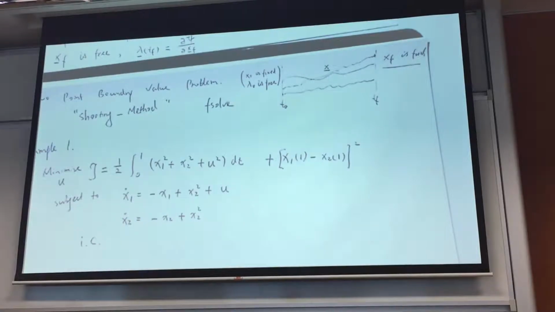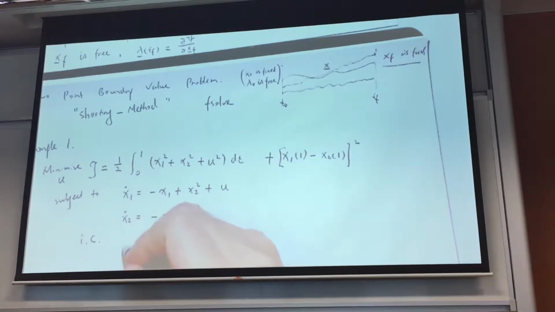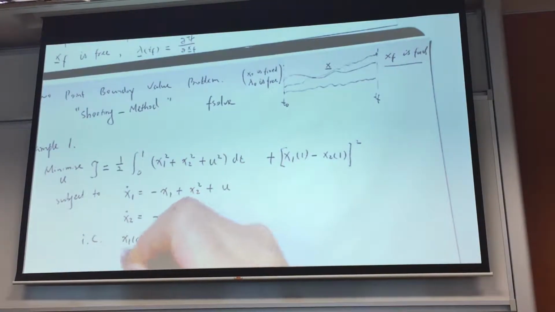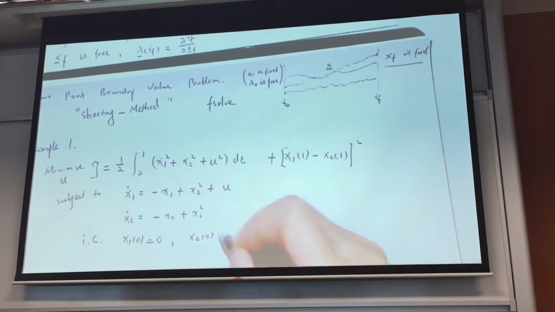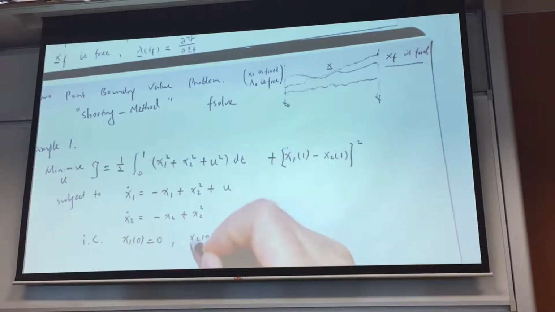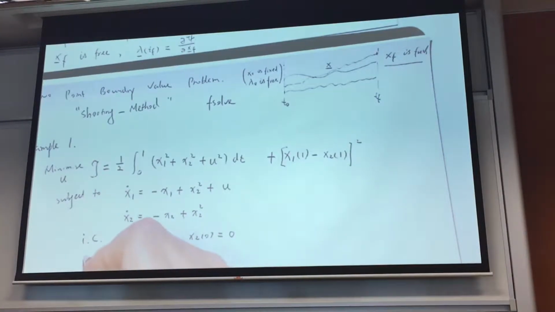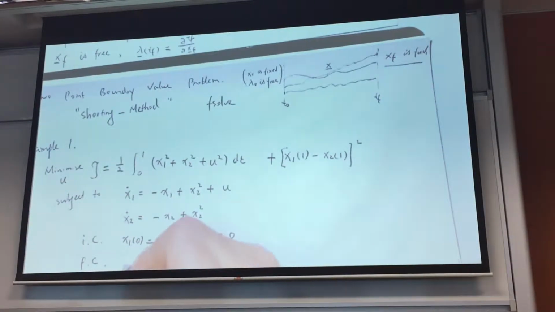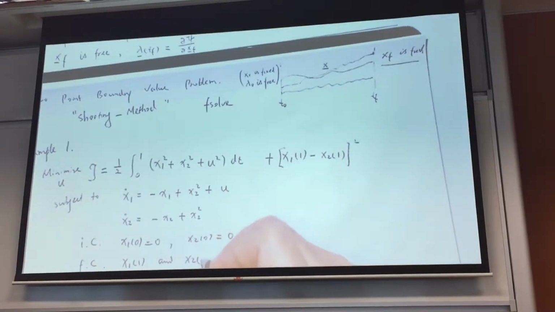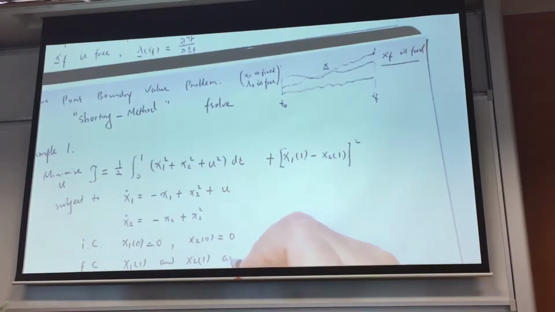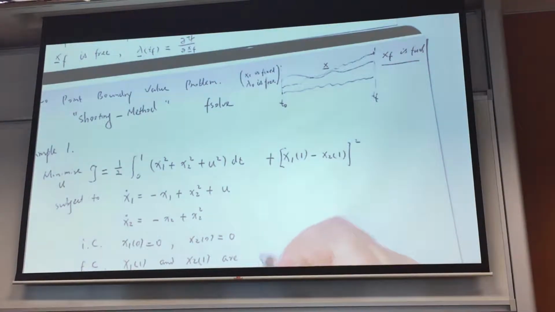The initial conditions are x1 0 equal to 0 and x2 0 equal to 0. The final conditions x1 1 and x2 1 are free.